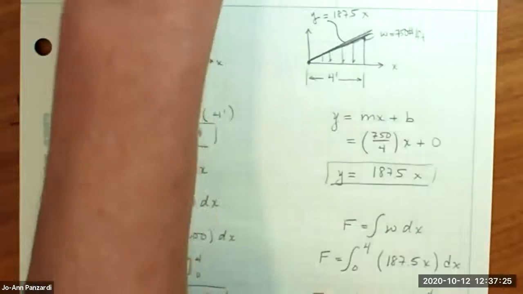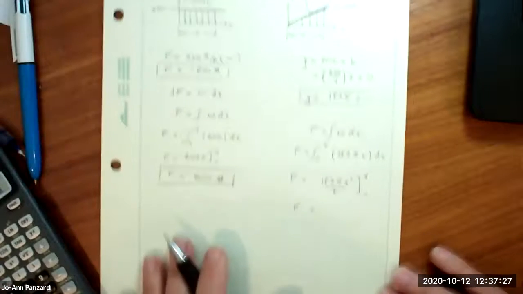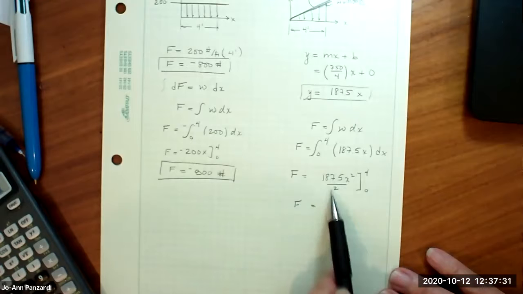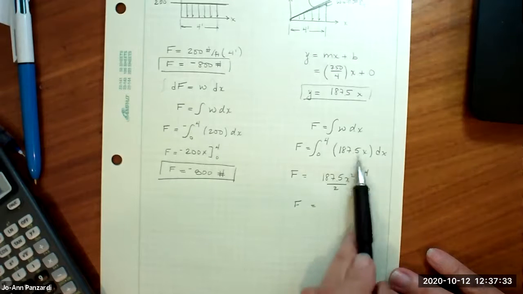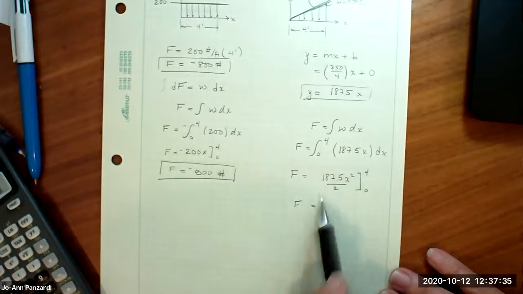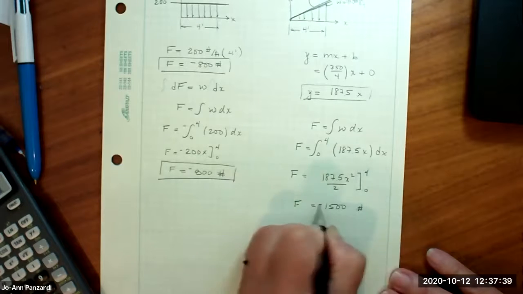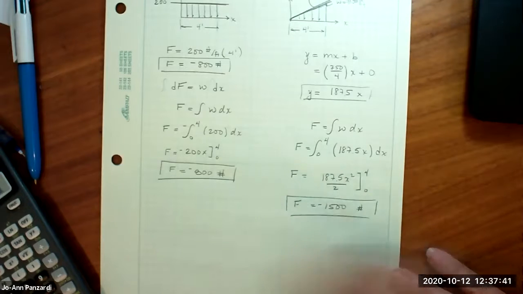Sorry, I have to zoom out so you could see it. So F is equal to the integral of 187.5x dx, x squared over 2, and it turns out to be 1500 pounds negative, which is what we found when we just did the area.